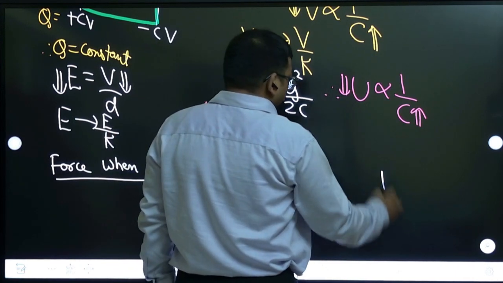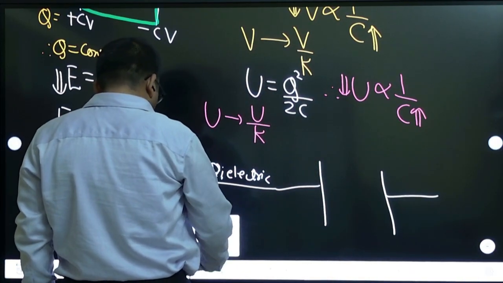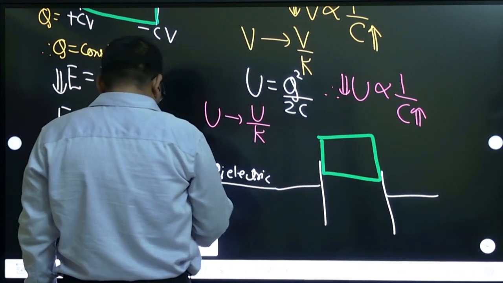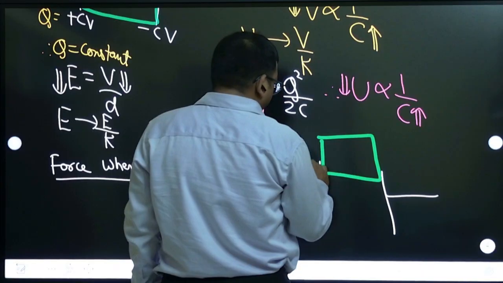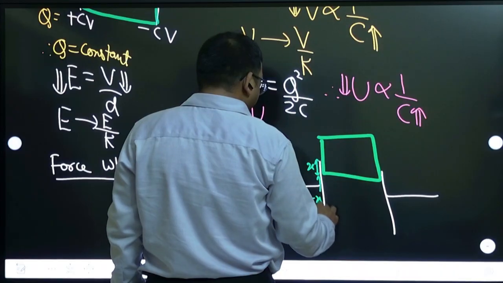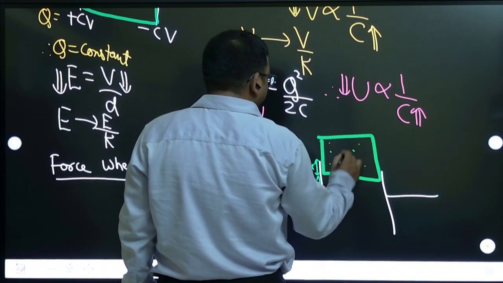Here the battery is not connected, it has already got charge, but you are trying to insert a dielectric. Some distance x you have already inserted. So x distance we have inserted, L minus x distance not inserted. Here the dielectric constant is K, same way.